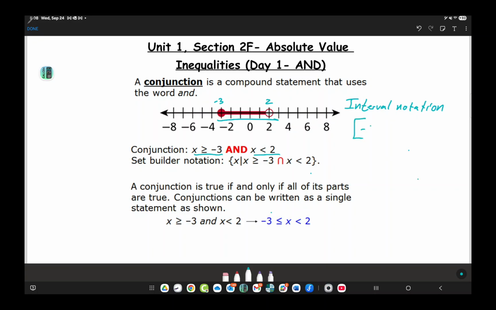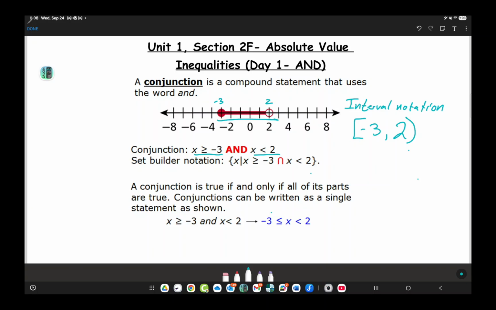Bracket around -3, parentheses around 2. Now, if you remember interval notation that we had before, we had infinity, didn't we? Why don't we have infinity for this graph? Because we have two numbers this time, and my graph is only shading in between those two numbers.